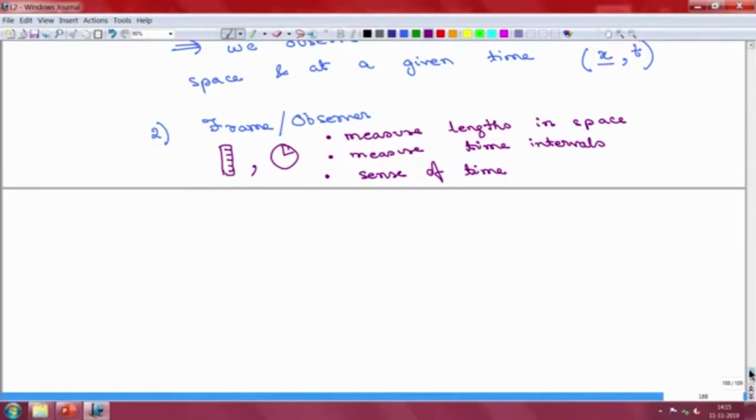So, once we have an observer, we need not have only one type of observer; we can have many observers. Is there something called an equivalent observer?